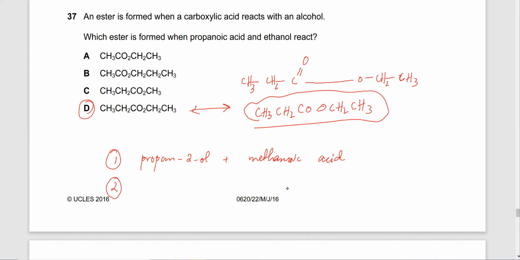Question number 2 is ethanol and methanoic acid. So everyone quickly do this right now, make these 2 esters. ठीक है, इनका मैं आंसर का वेट कर रहा हूँ, 5 minutes for this.